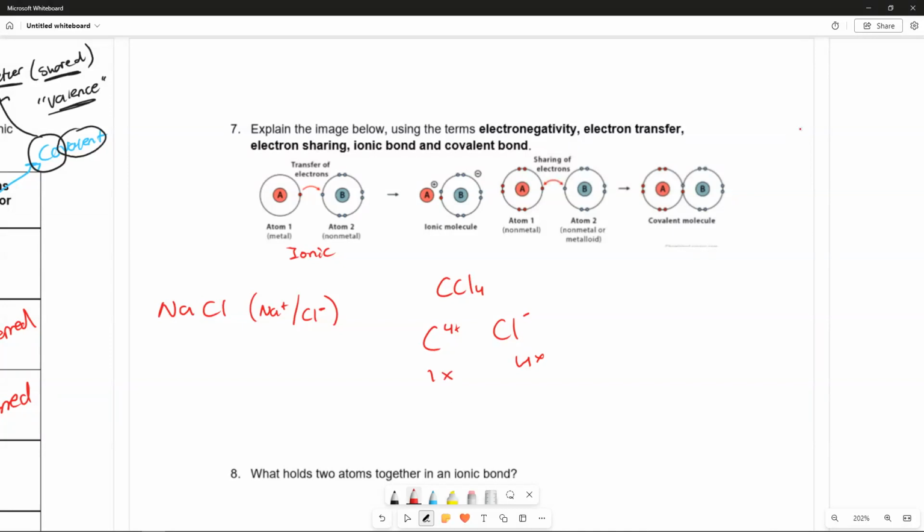So when this happens, the carbon's in the middle, and the chlorine shares this electron with the carbon. That's a little complicated, but all I'm getting at is that this process is happening. The sharing of electrons is occurring in covalent bonds.